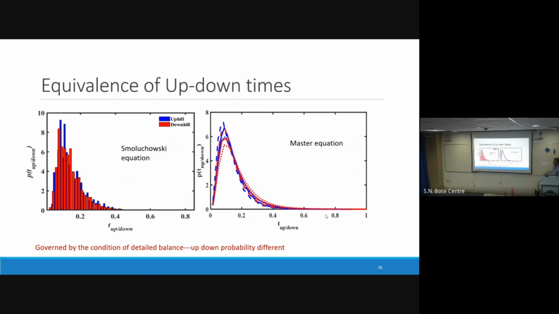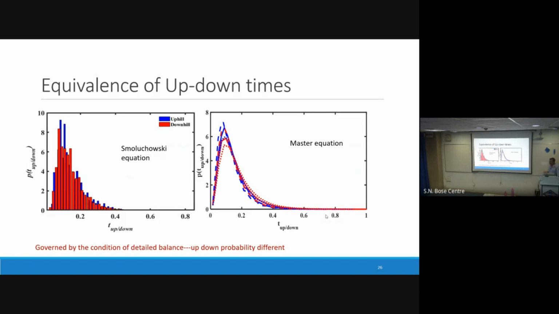Although the up-down probability, as I mentioned for the translocation probability in the earlier cases, is different, in this case also the up-down probability will be different. The number of trajectories coming up will be less than the number of trajectories coming down. This situation can be different only if the system is non-equilibrium, such as a molecular motor kind of system where only forward propagation is allowed, and a non-equilibrium system can be constructed using an additional noise term on the Langevin dynamics.